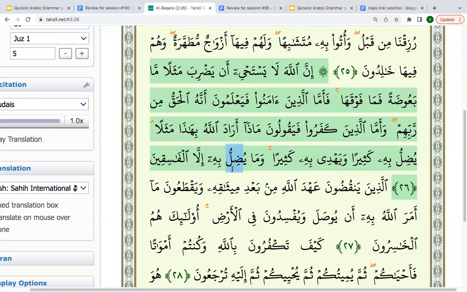The root letters are dad lam lam, so this is not rubai, this is thulathi. Now that you have restricted yourself to thulathi, is it thulathi mujarrad or thulathi mazid fihi? This is thulathi mazid fihi.